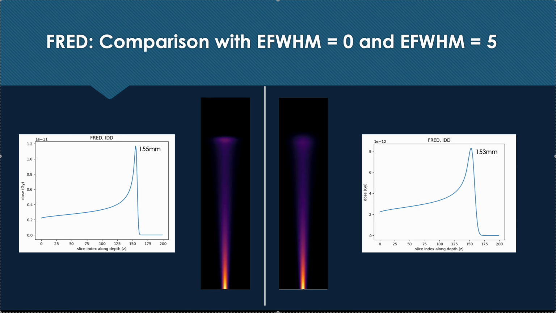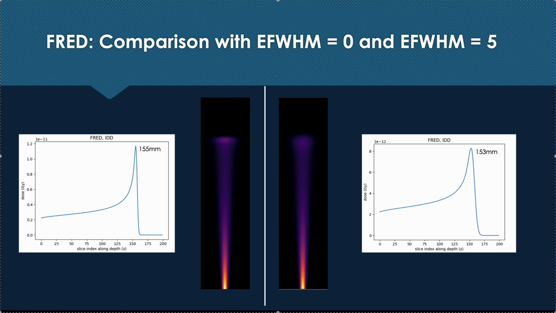So what I first did was, this is the case of Fred. I have already shown you the codes that I used for Fred and MC square to create this simulation. For this case, I made the beam monoenergetic.